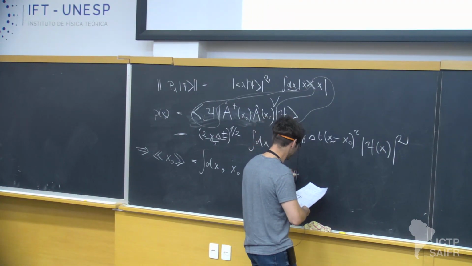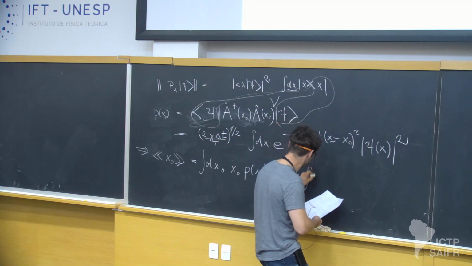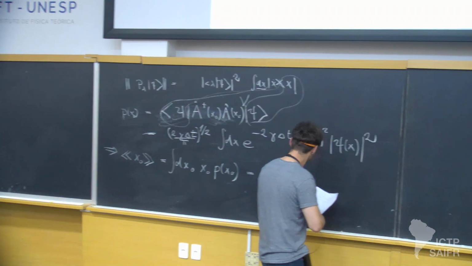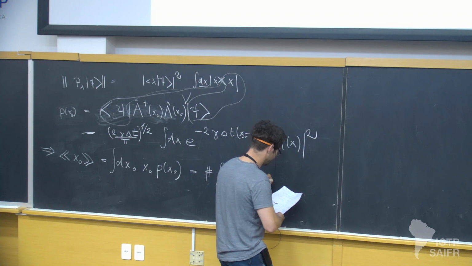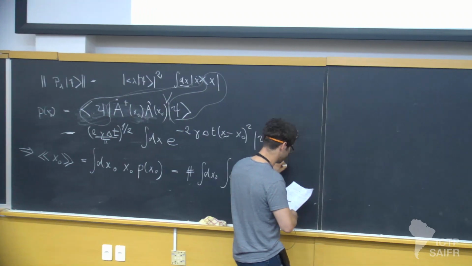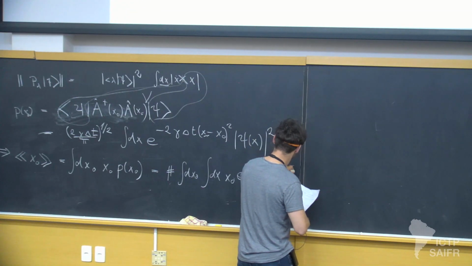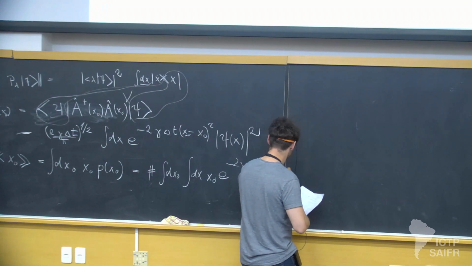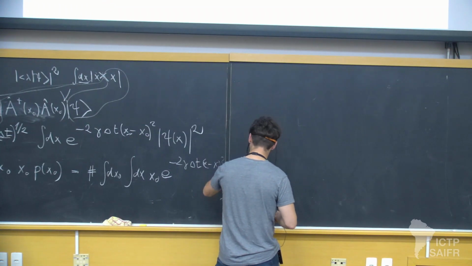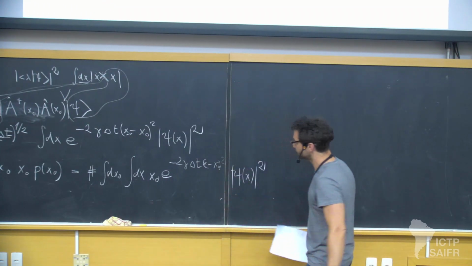Here is the prefactor, and we integrate dx naught, I copy x naught e to the minus 2 gamma (x minus x naught) squared, psi of x absolute value squared.